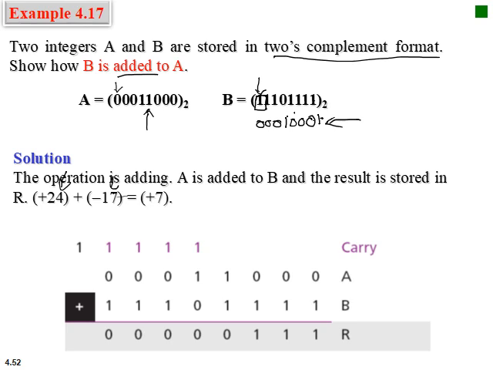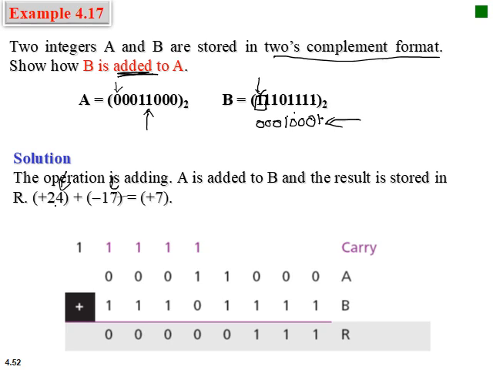So this is an example where we're still doing addition, though. We are just adding a negative number. Think of it in that way. So in other words, it's 24 plus the negative number 17, but it's plus or addition. So what does it mean?